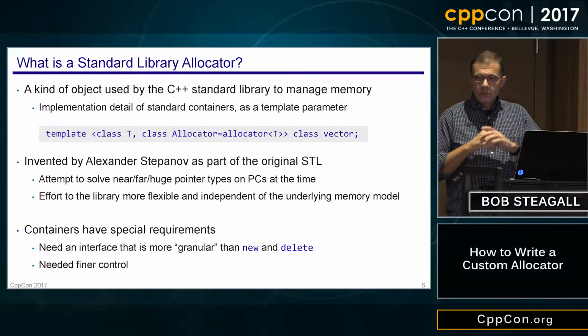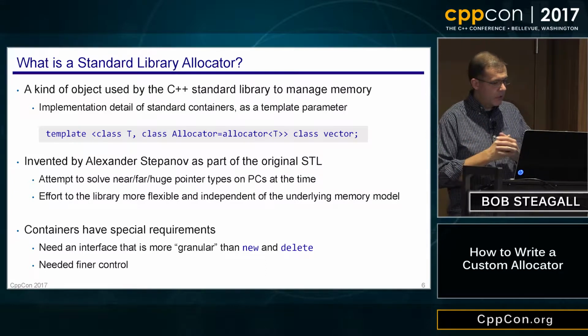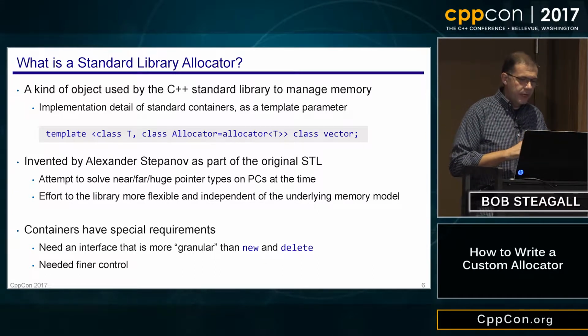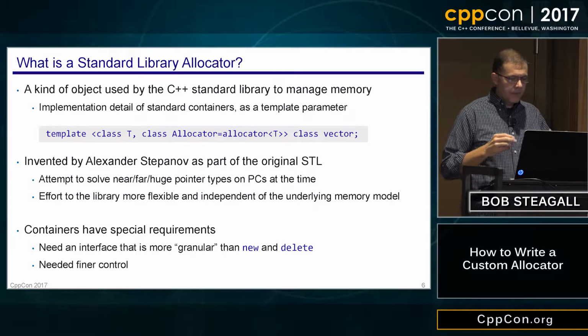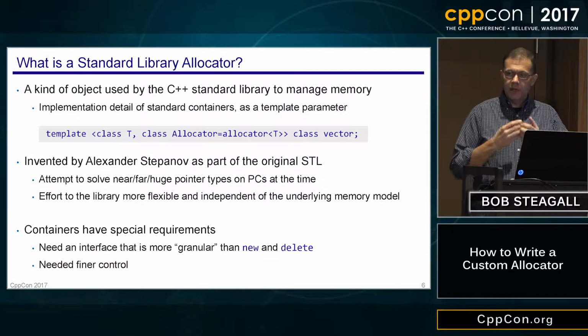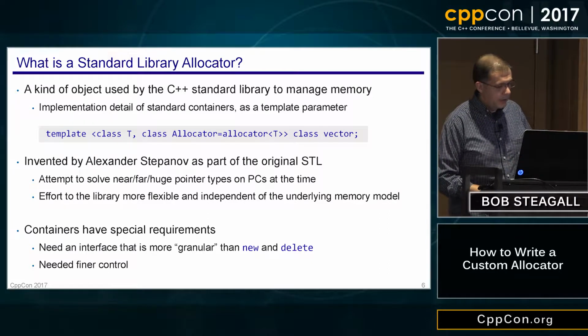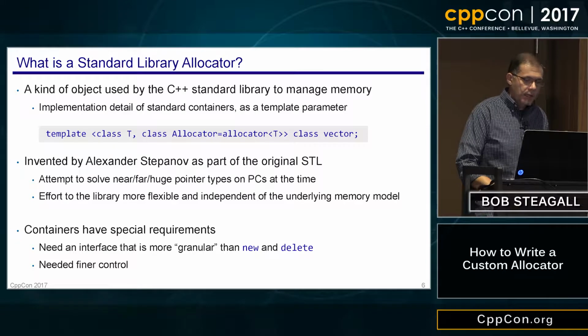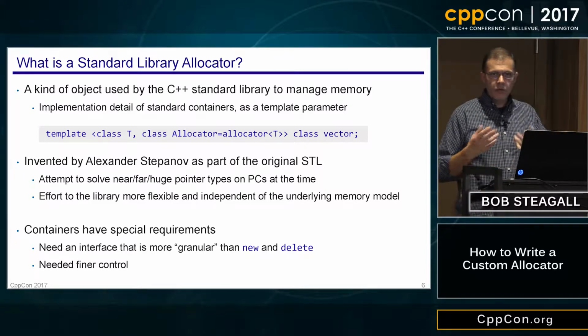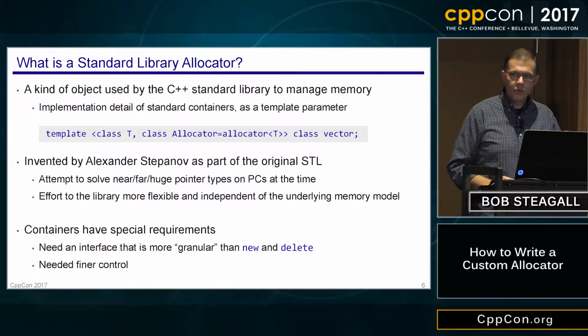After some review a long time ago by the committee, there was also a desire to make the library itself more flexible and independent of these underlying pointer types. I think also there was a recognition that containers have special needs. They need an interface that's more granular, a finer level of control than the new and delete operators.